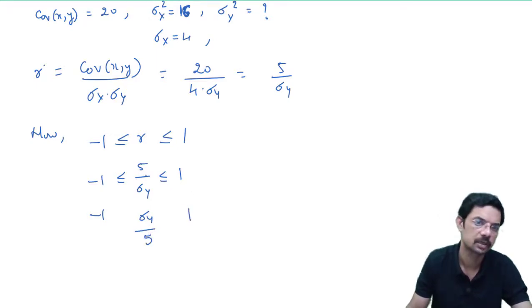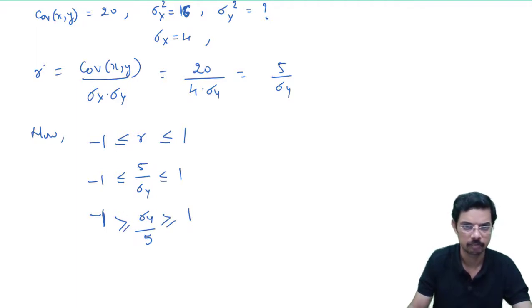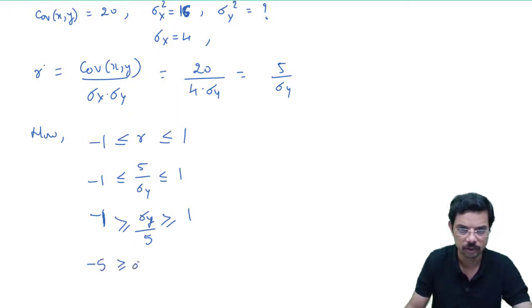But when we take the reciprocal, the inequality gets reversed. First it was less than, now it becomes greater than. Now multiply by 5: -5 is greater than or equal to sigma y, which is greater than or equal to 5.